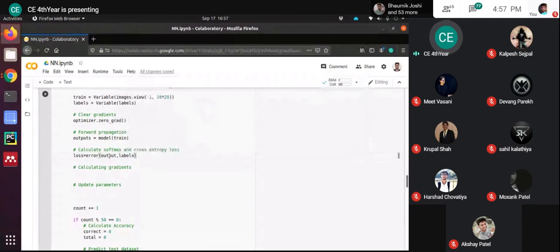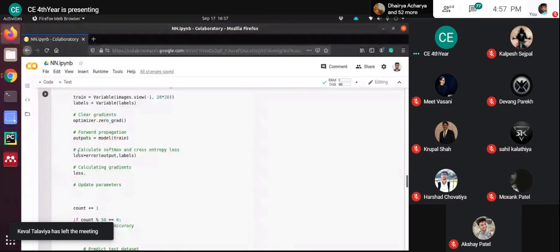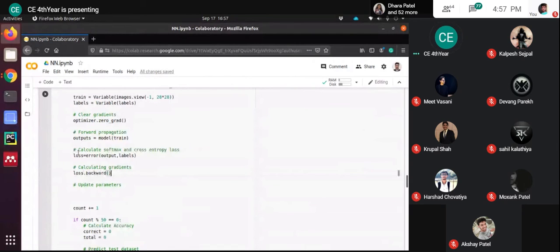So the first value, output, is your prediction, and this label is the correct output. Based on that, we'll calculate this cross entropy loss, and whatever is the result, that is the loss value. Next, with the help of loss, we'll use backpropagation, that is, we'll calculate the gradients. So this loss.backward.